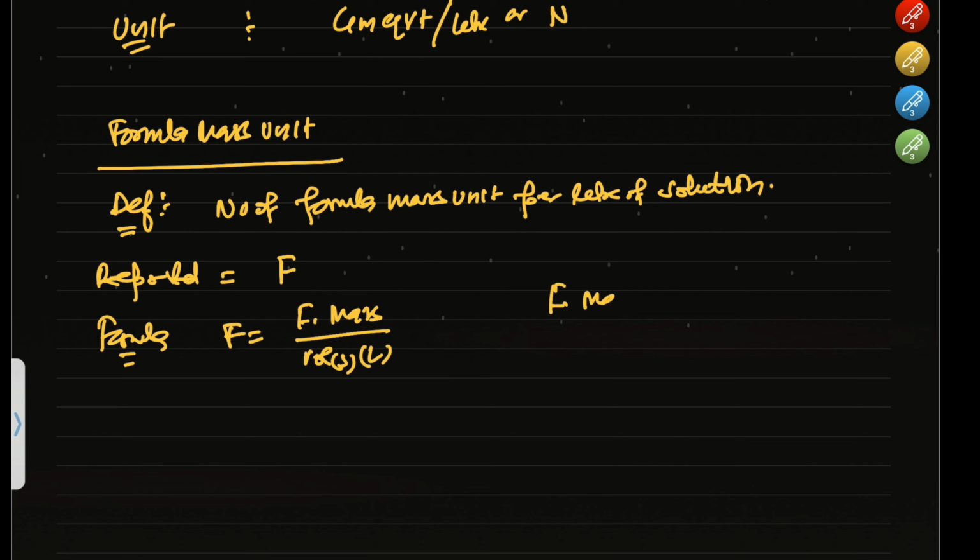Formula mass is equal to molar mass for an ionic compound.